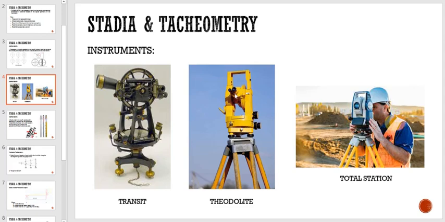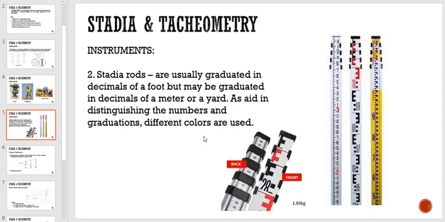These instruments have what we call crosshairs. The other instrument we have is the stadia rod. Stadia rods are usually graduated in decimals of a foot but may be graduated in decimals of a meter or a yard.